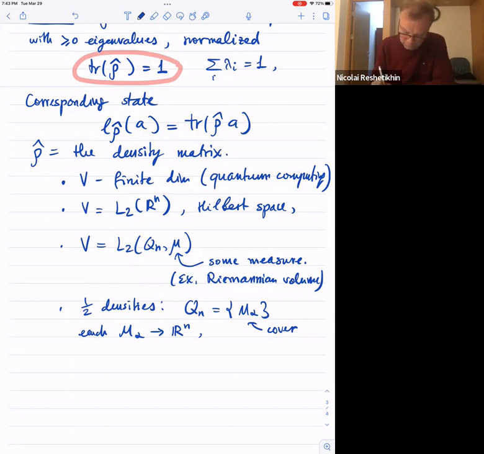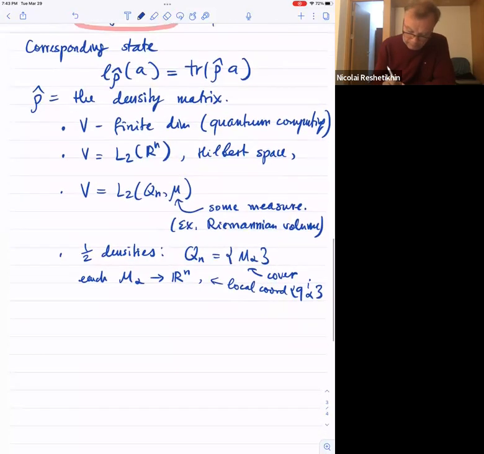So this gives local coordinates q alpha i. And then in local coordinates, you have the usual density.